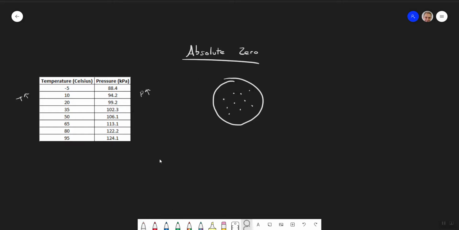So what we do find is that temperature and pressure are linked together. One of the things that we learned just from looking at the results is that as temperature increases, the pressure increases.